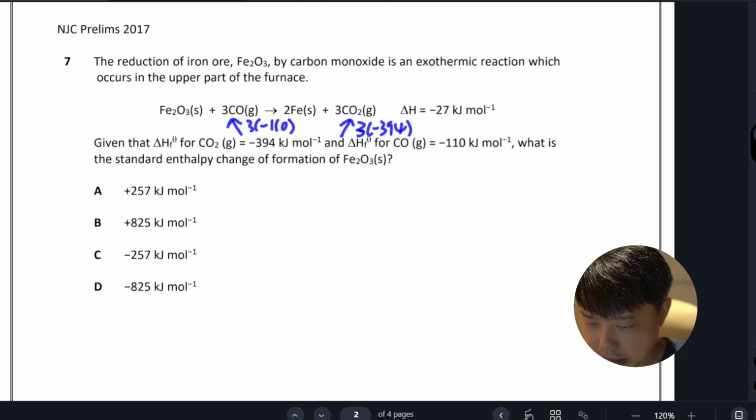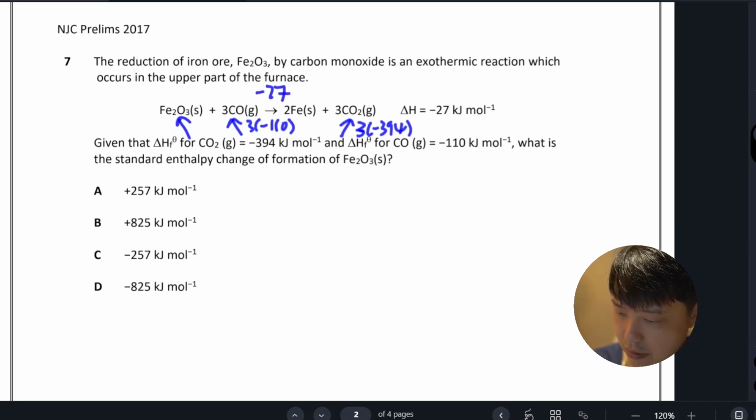The other one, iron, has no enthalpy change of formation because it's an element. What's the standard enthalpy change of formation for iron oxide? Okay, since we already know this enthalpy is minus 27, right?